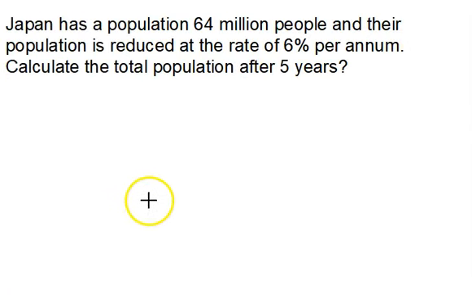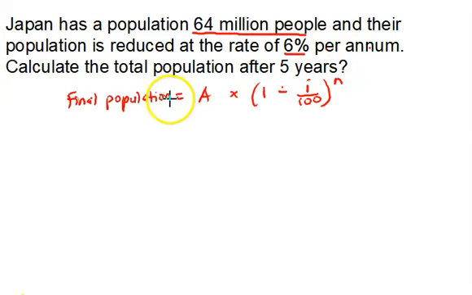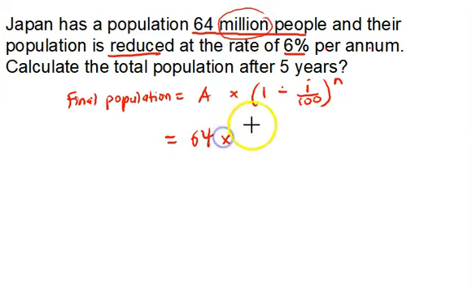So the next question will be an example. Okay, now Japan has a population of 64 million people, and their population is reducing at the rate of 6% per annum. In this case I'm going to use minus over here because it is reducing. I'm just going to put about 64, and I'll skip the million first, for the simple calculation.